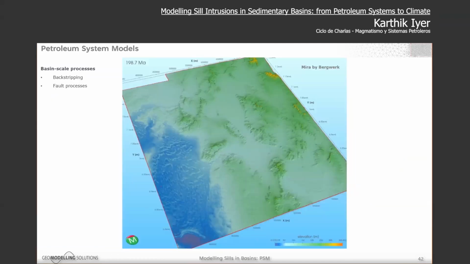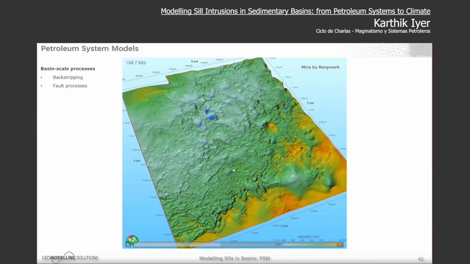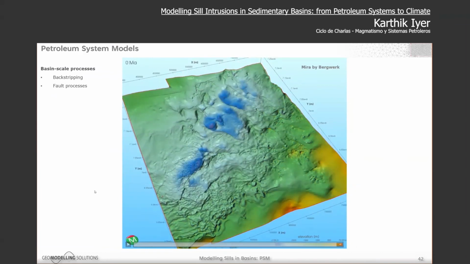We already have our petroleum system models, of which there are different ones. In this case, we have our own, called MIRA. These models take care of basin scale processes, like I showed you previously, so millions of years, kilometer scale. It takes care of backstripping, so structural changes. I'm just backstripping this surface now, going back through time and showing you how the surface changes.